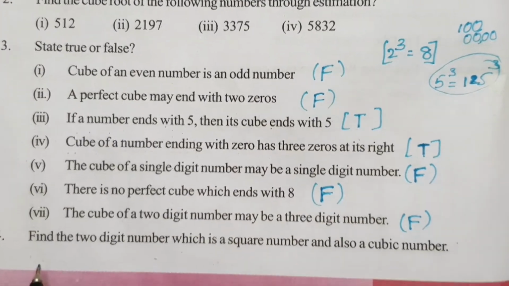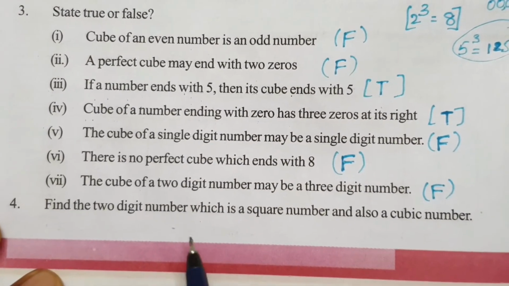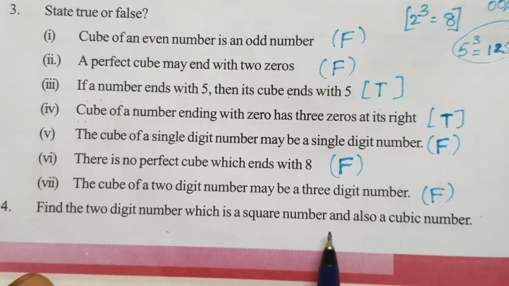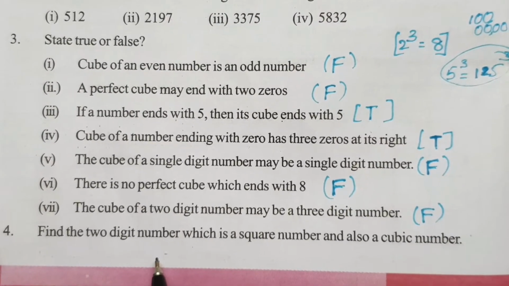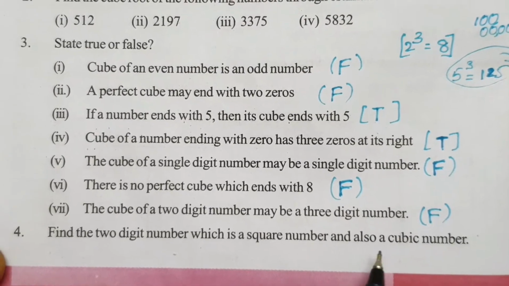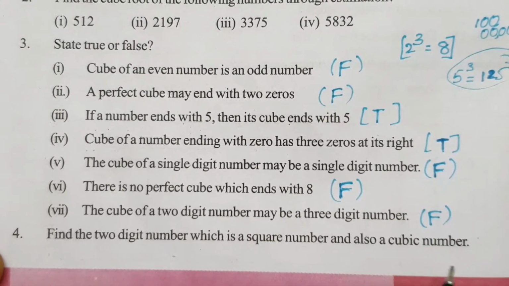Next, fourth question: find the 2-digit number which is a square number and also a cube number. If it is a 2-digit square number, it should also be a cubic number.